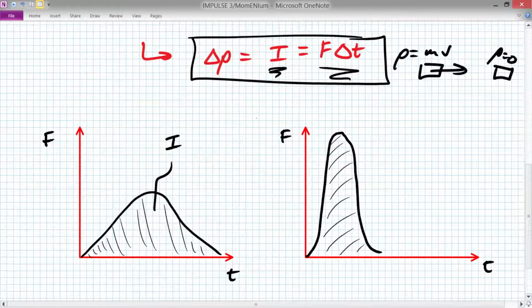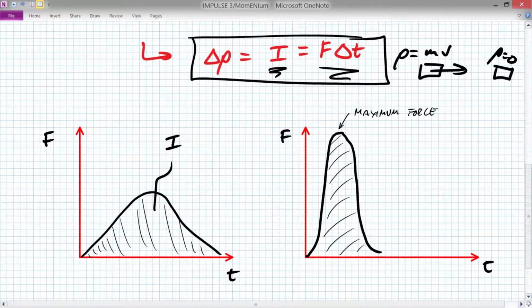So you're going to reduce the time as small as possible, and that will give you a maximised force. So this peak up here will be your maximum force.